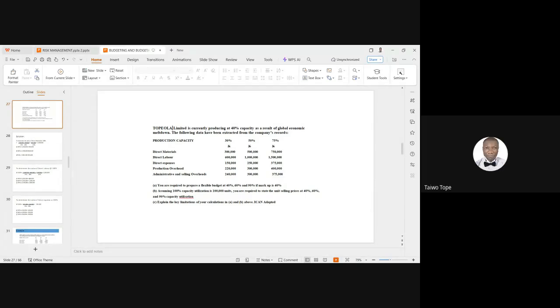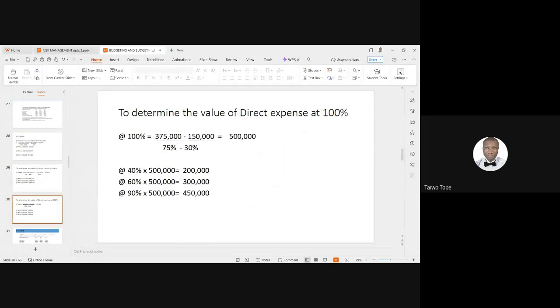But the question now is, what will be the variable cost at 100%? We must determine that. Once we know our variable cost at 100%, then as the activity varies, we can look for the percentage of the total variable cost. Please follow so that we get the discussion well.